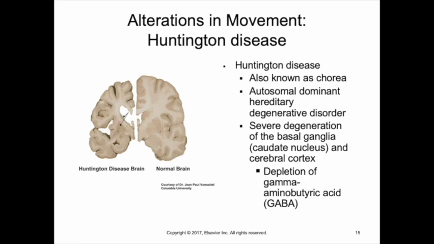Now, Huntington's disease by pathophysiology is inherited from one or both parents who have an autosomal dominant trait. The genetic defect of HD, or Huntington's disease, is on the short arm of chromosome 4.